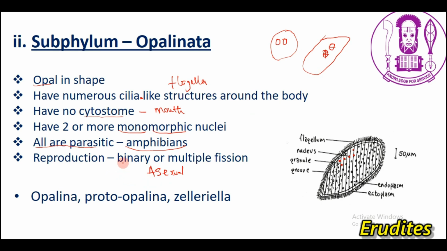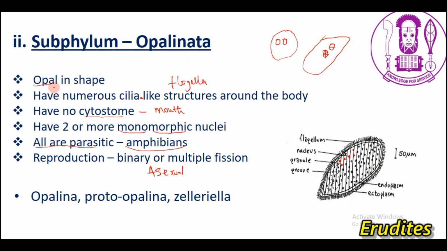So very important, reproduction in Opalinata can be by binary fission or by multiple fission, and these are examples of asexual reproduction. Examples of protozoa under the subphylum Opalinata are Opalina, Protoopalina, then Zelleriella.